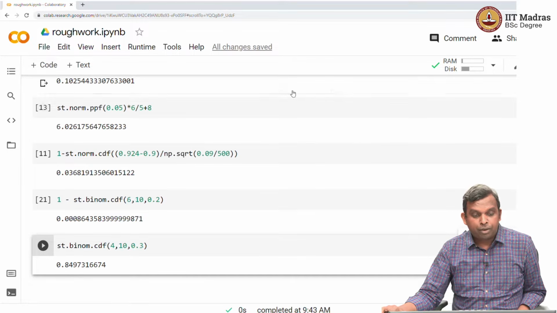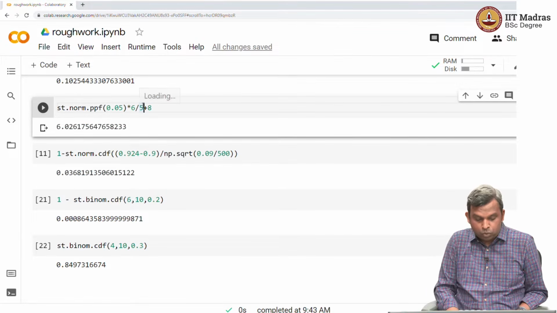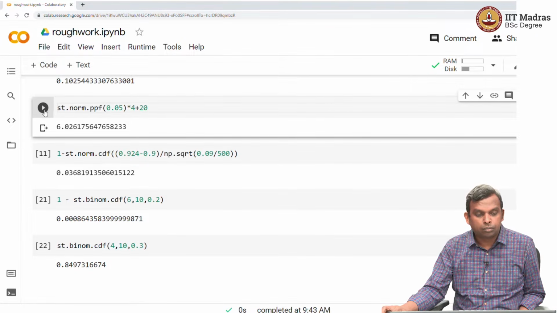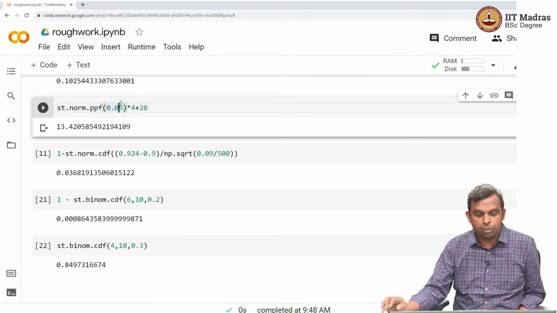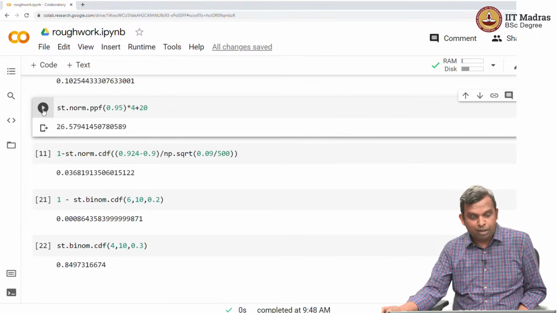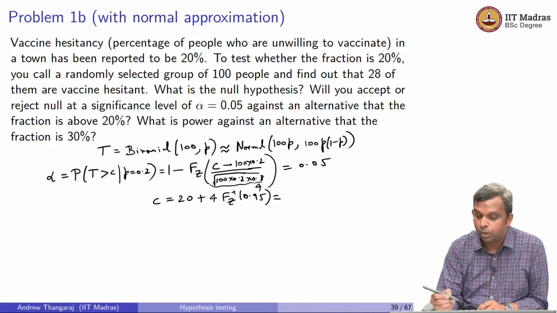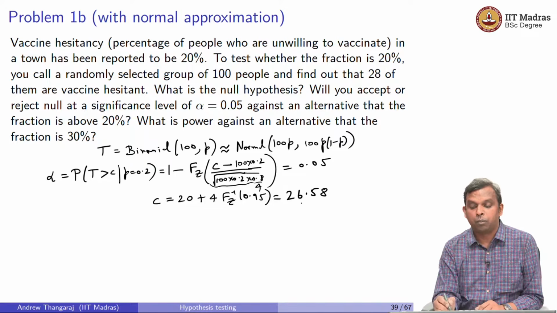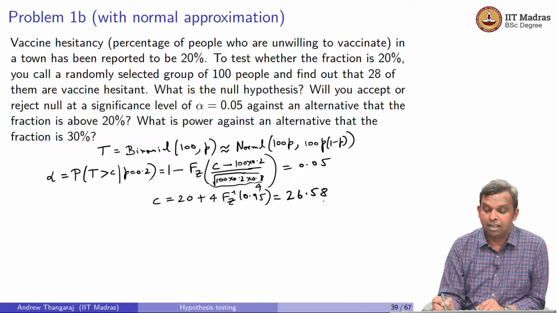Where is our ppf? Ppf is here, times 4 plus 20. Oops, no, 0.95. I knew something was wrong there. That works out to 26.58. So that's our C.